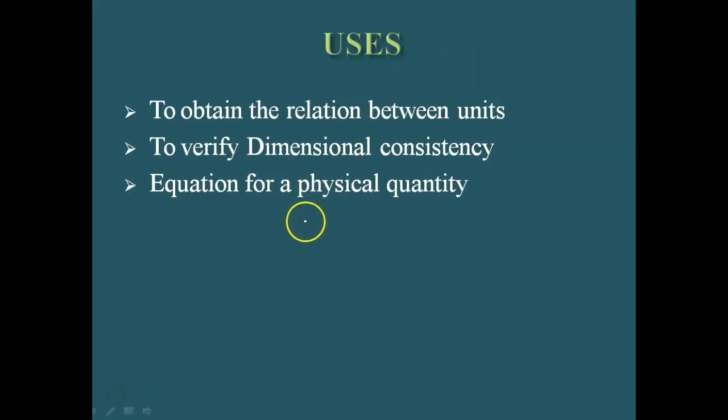That is possible using dimensions. And the second one is to check the dimensional consistency of an equation connecting different physical quantities. We can check whether the equation is dimensionally correct or not. And the third important point is to derive an equation for a physical quantity in terms of other physical quantities, isn't it?